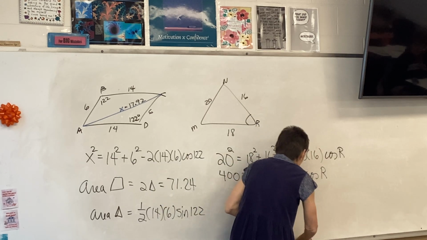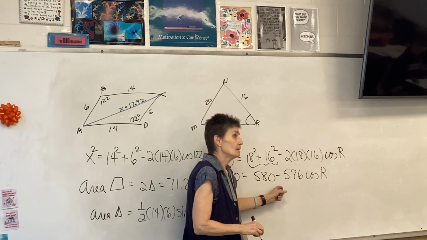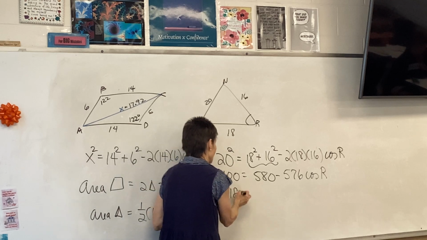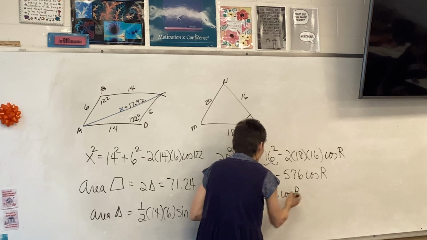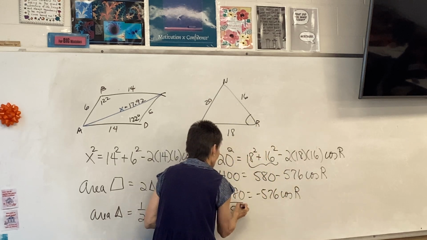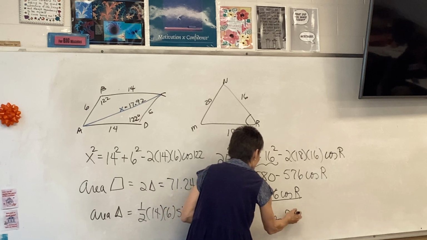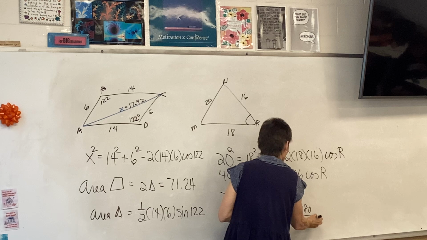What you absolutely can't do is subtract those two numbers. You have to subtract the 580 from the 400 and divide by the 576. So cosine R equals the result over 576.